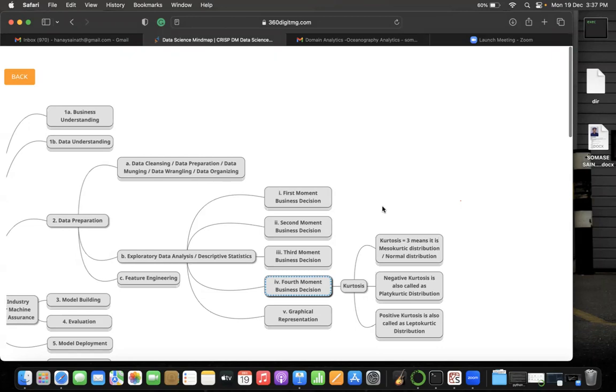It measures whether the data is lightly or heavily tailed compared to the normal curve. A high kurtosis value indicates the presence of outliers. This was about the fourth moment business decision, kurtosis.